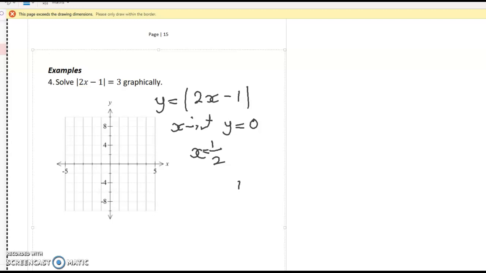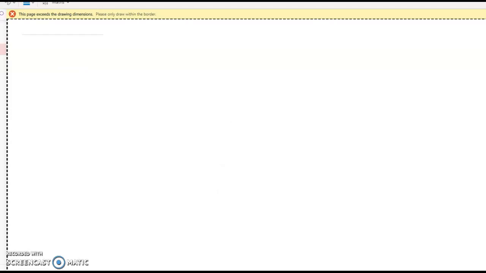Now, if we find the y-intercept, that's going to occur when x equals 0, and when x equals 0, you get y equals 1. And so this equation is going to go through a half and 1. If we draw it, it's going to have a steepness of 2, and so for every 1 across, we're going to go 2 up.